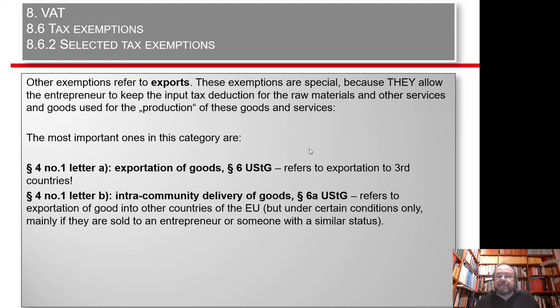Whereas if you export things to Switzerland, to Russia, or somewhere else, everybody can take a good and cross the border with it and declare it at the customs office for exportation, and then will get a certificate that the goods have been exported. So also private persons as customers can perform an export to third countries.